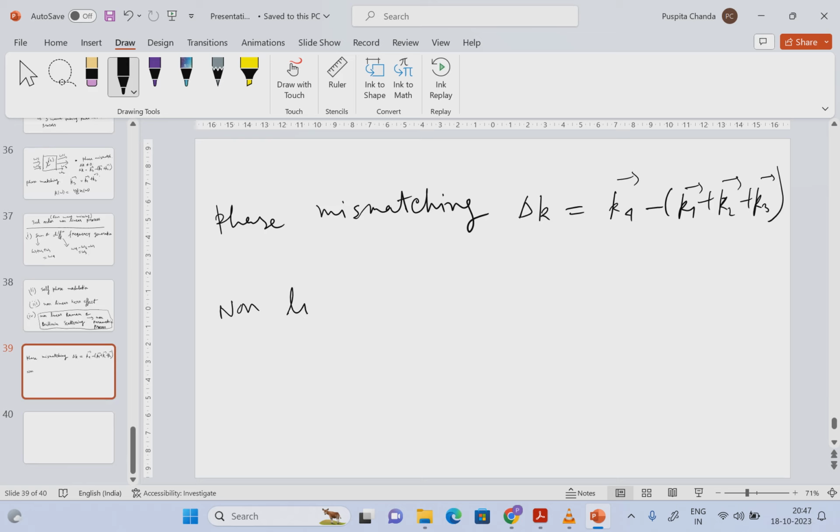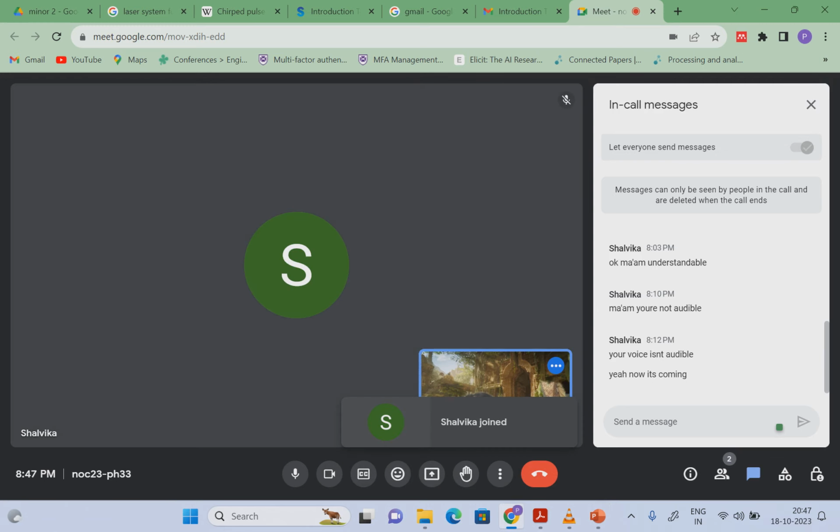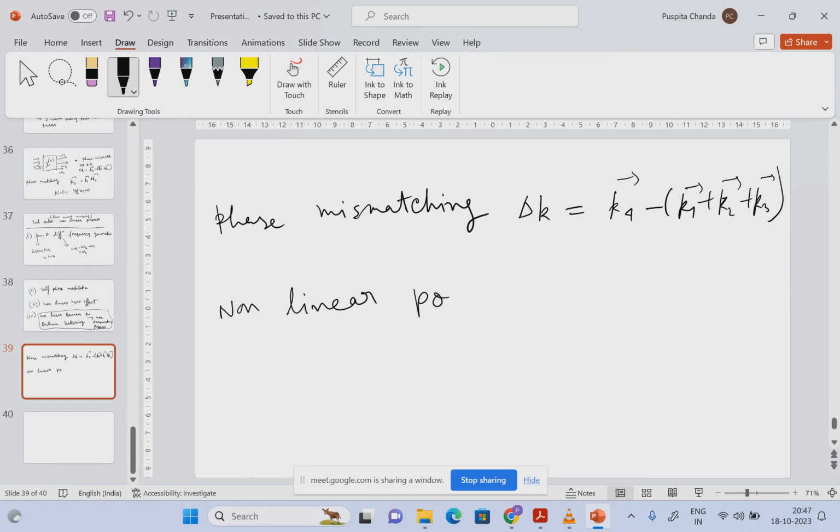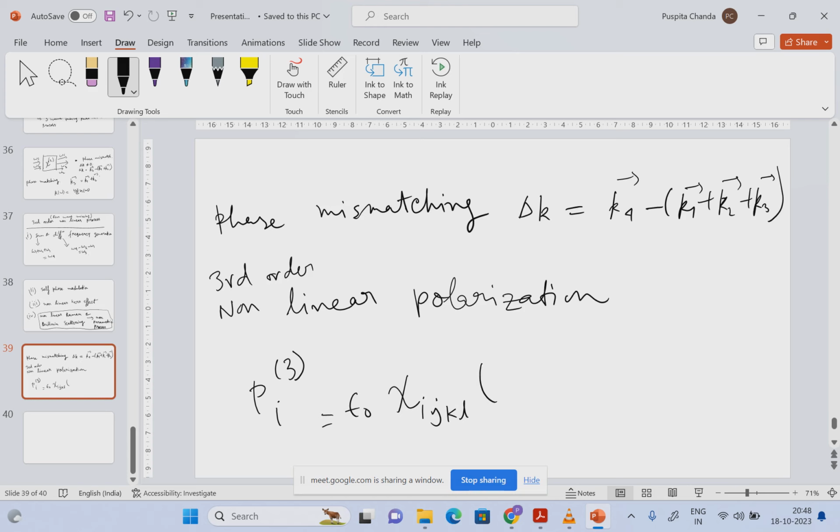So the nonlinear polarization equation here will be written as the third order nonlinear polarization, written as epsilon naught chi ijkl.